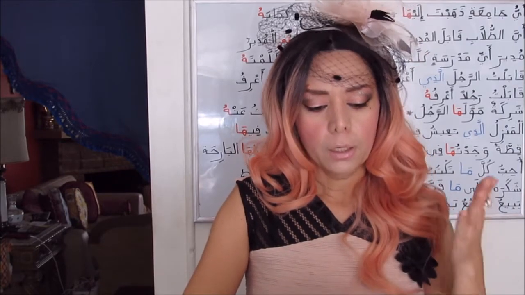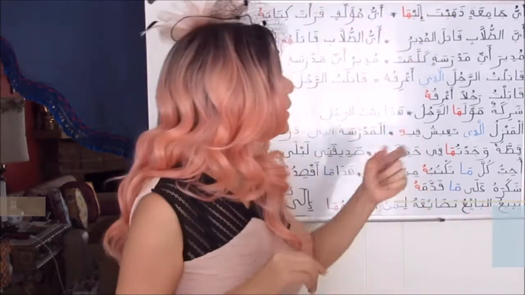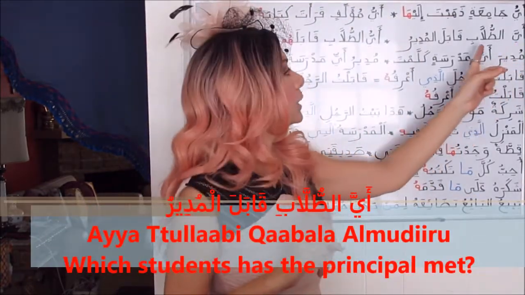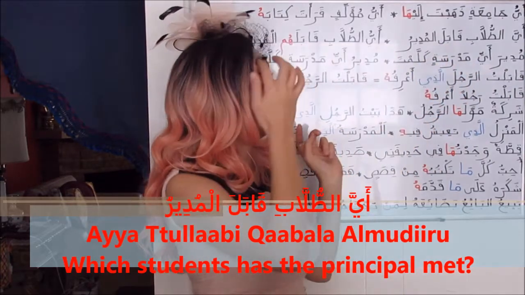So, note that Arabic alternates between both a resumptive pronoun and a gap in object position. For example, أي الطلاب قابل المدير.